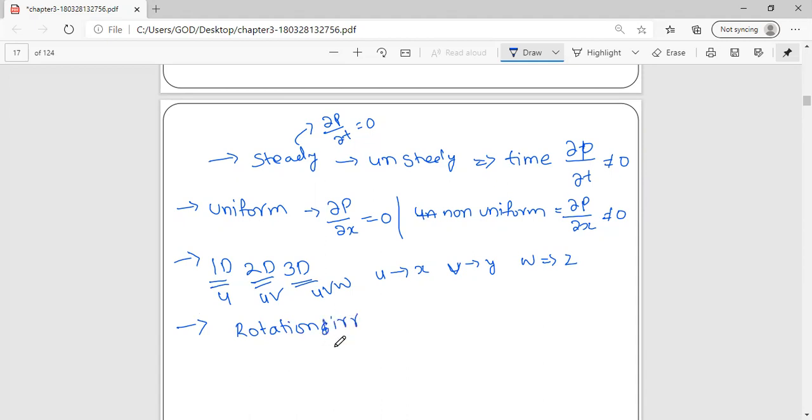Just now we discussed, with reference to the mass center, it has to rotate.